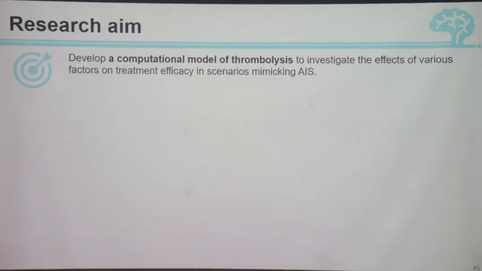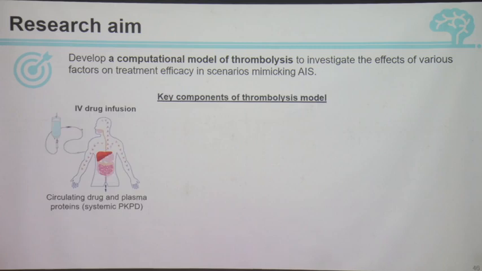From a mathematical modeling point of view, this is obviously a very complex problem. We need to consider several factors. Because the current standard treatment uses intravenous drug infusion, we need to consider circulating drug and the plasma proteins, and that involves a systemic pharmacokinetics and pharmacodynamics model, known as the PK/PD model.